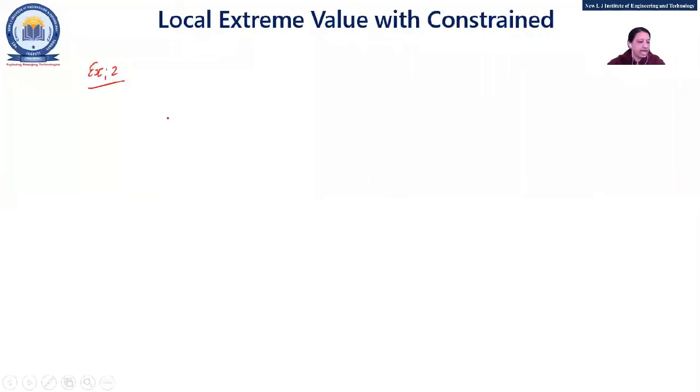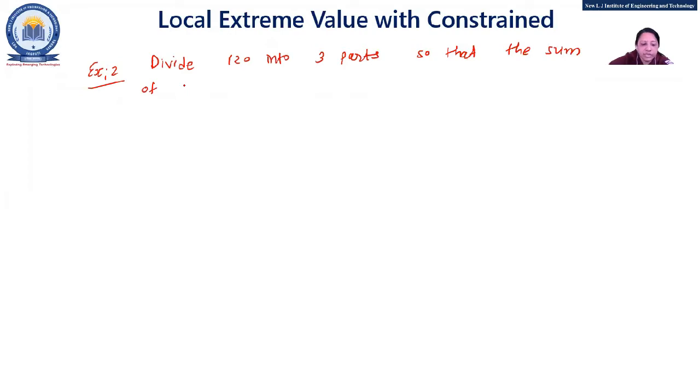Example number 2: divide 120 into 3 parts so that the sum of their products taken two at a time shall be maximum. So what is the meaning of this? One value is given to you.